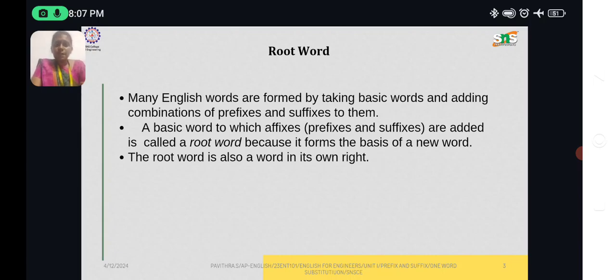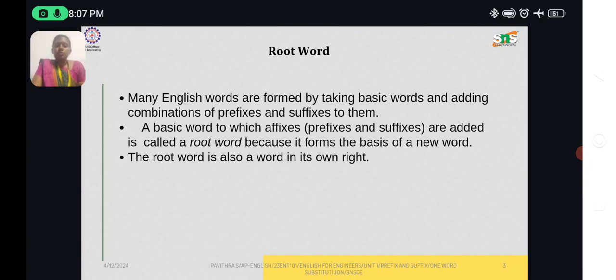A basic word to which affixes, in the sense prefixes and suffixes together, are added is called a root word because it forms the basis of a new word.